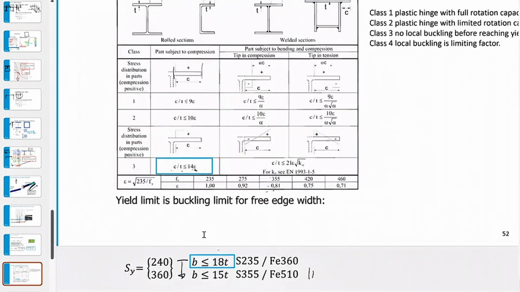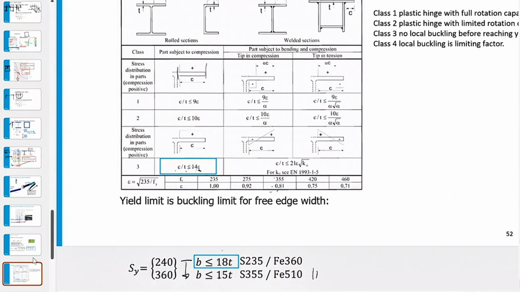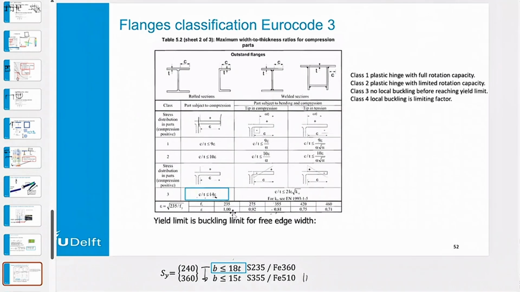That's only slightly more complicated, because you want to take into account also the effect of a stress which is at its maximum at the end of the flange, but at the connection with the web the stresses can be already somewhat lower. But the idea of the classification is to avoid plate buckling.